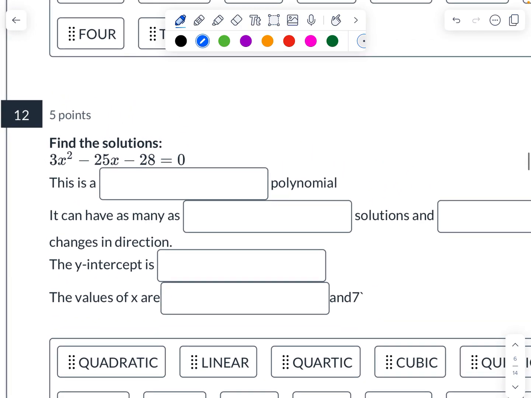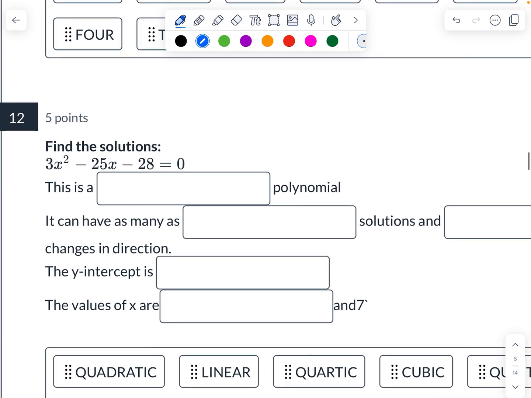This one is probably factorable. I'm going to do it by guess and check, and then we could also do it by synthetic division. It has to lead with 3x and it has to lead with x, because if I take this and multiply it by this, I need to be able to get that.